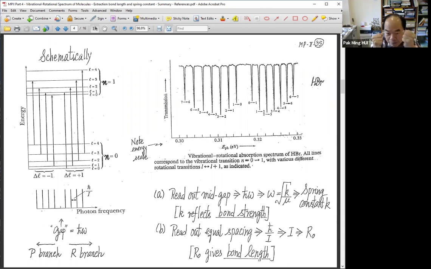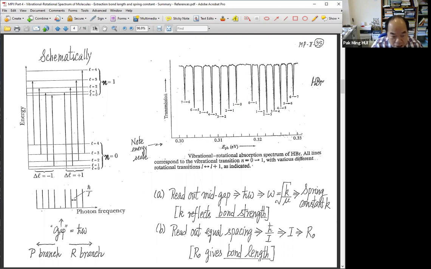And here this label under every line corresponds to the delta L. So go from L equals 0 to L equals 1 up there, 1 to 2, 2 to 3, and so on. And then this one goes from L equals 1 to the lower one, L equals 0. So that's why you have the h bar omega missing here. Okay, so this is the typical spectrum.